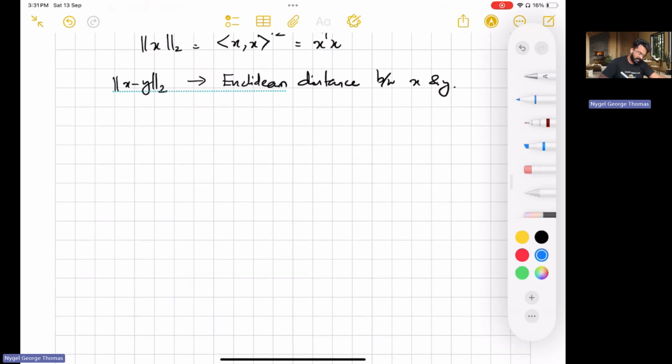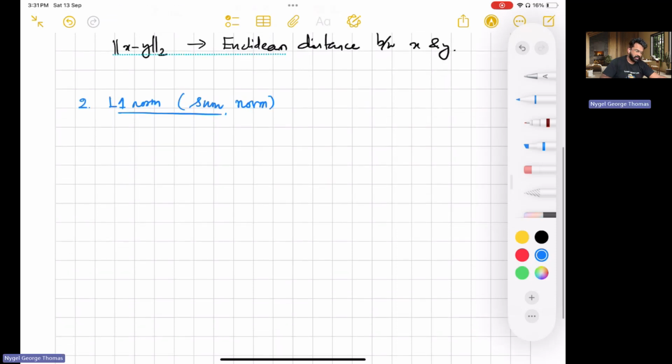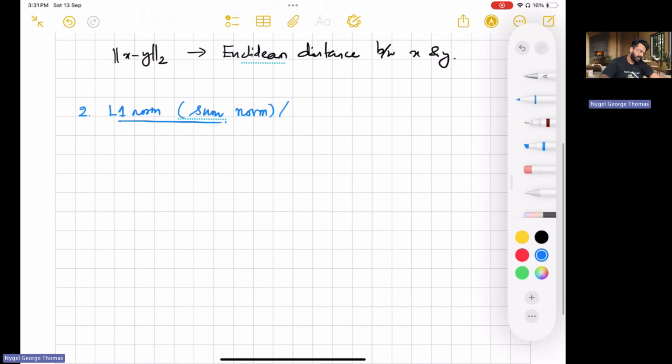The second norm is the L1 norm. It's also known as the sum norm. Other names are taxi cab norm or Manhattan norm.